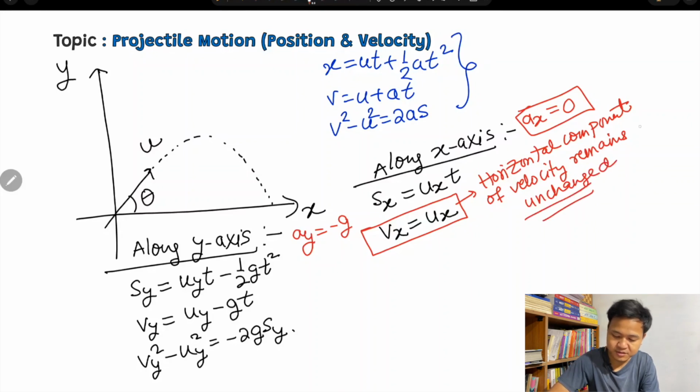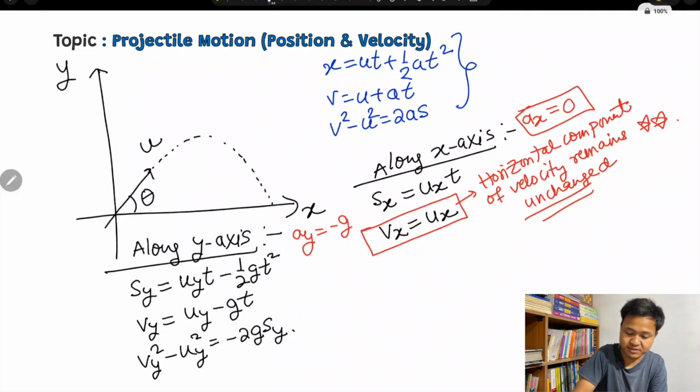This is very, very important. Medical exam questions have asked questions based on this. So the horizontal component of velocity remains the same. You see here, initially you have ux along this side, and you have uy along the up side.